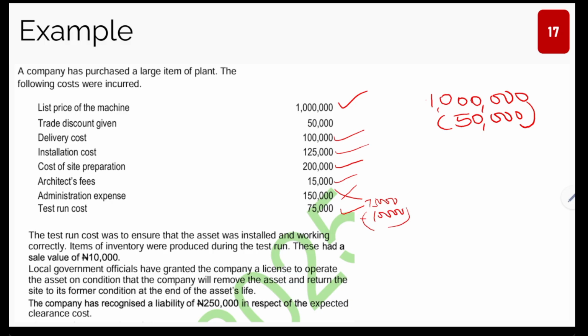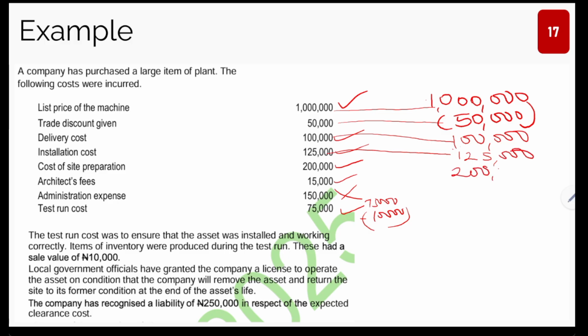So if you want to continue the way we've been, 125,000, 200,000, 15,000, 200,000. I've gotten that already. So this one will now be 65,000.